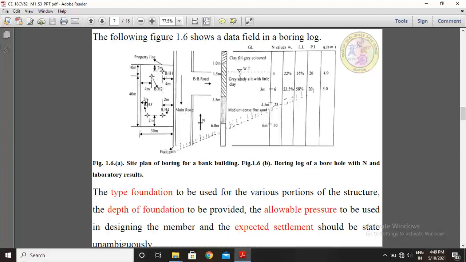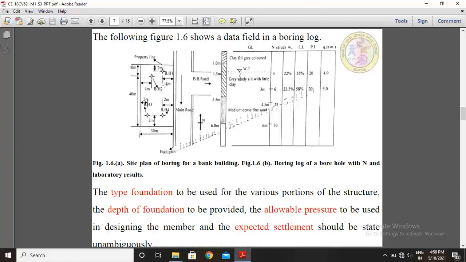Here this is borehole 1, 2 meters from this property line and 4 meters from this road. Borehole 2 is 10 meters from this distance and 4 meters from this distance. This is borehole 3, 2 meters from this. This is borehole 4, 2 meters from this and 2 meters from this.